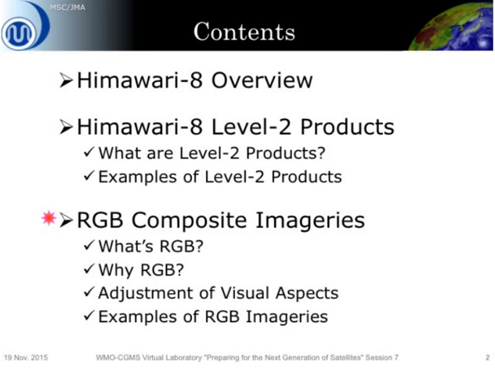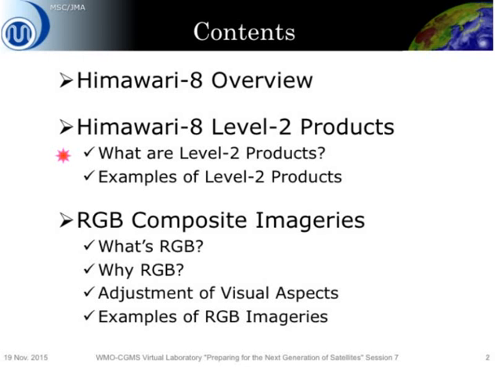Okay, this is the outline of the session. As an introduction, I'd like to overview the features of Himawari-8. Next, I'll introduce Level 2 products of Himawari-8, beginning with explaining the definition of Level 2.